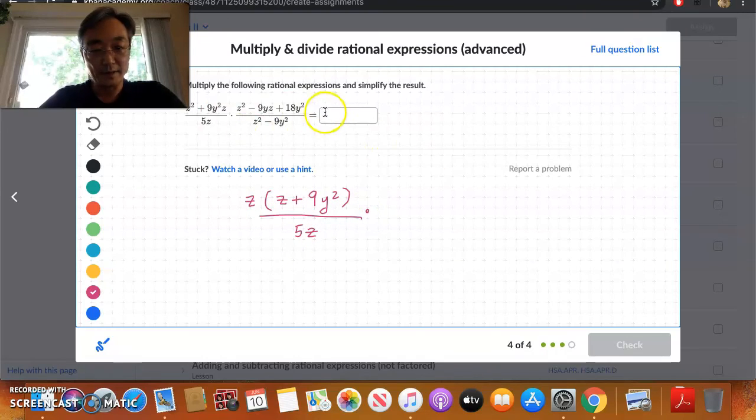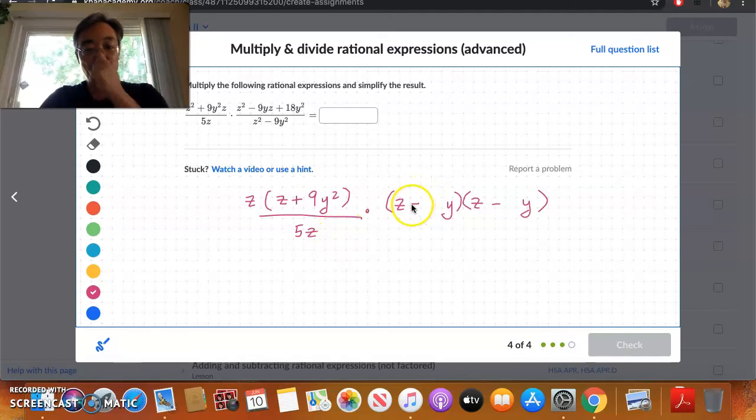times. Now let's factor this. This looks like a perfect square trinomial. Okay, how? Because you're going to have z's and you're going to have y's. It's plus, but it's minus in the middle, so they both have to be negative. And it looks like it's going to be 9 and 2, no, 6 and 3, right?